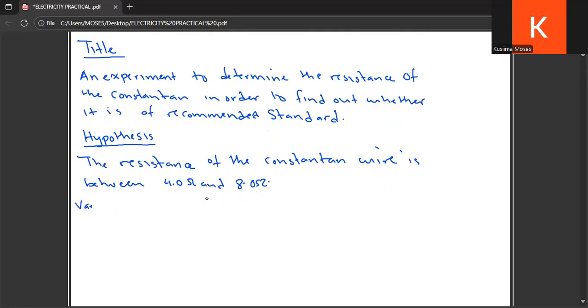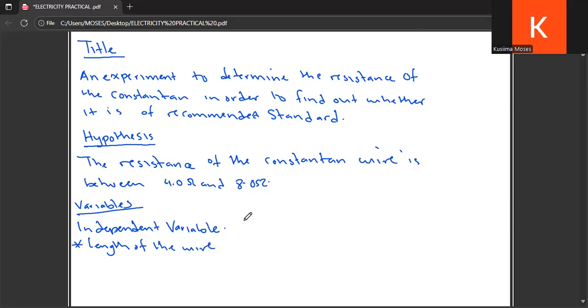From there, we shall move on to variables. The first one is always the independent variable. For this case, our independent variable is going to be the length of the wire.